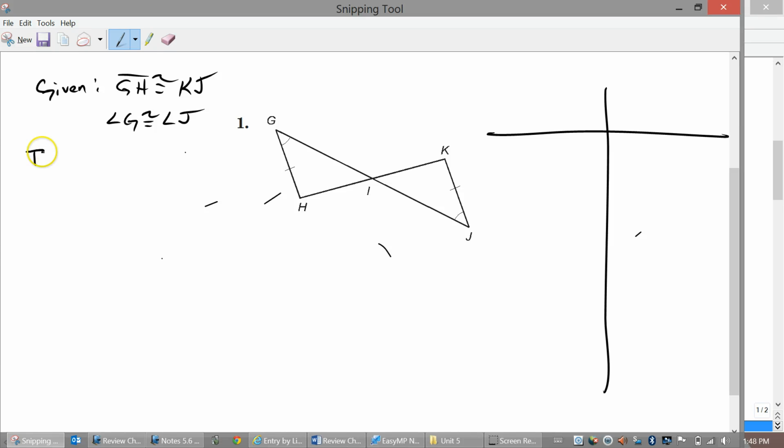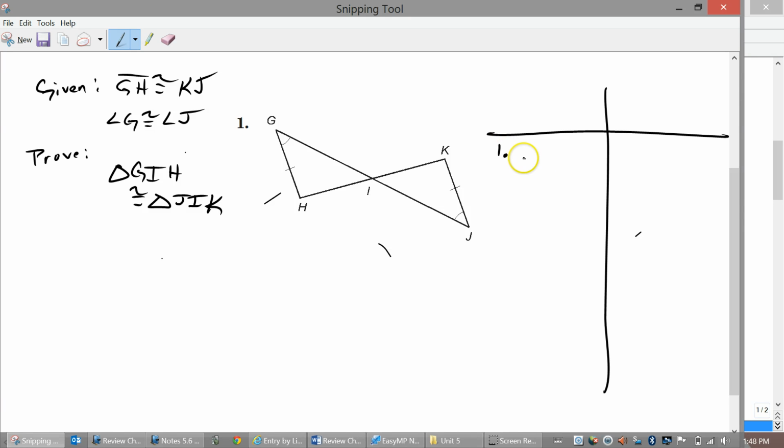And I'm going to ask you to prove that triangle GIH is congruent to triangle, we said G first, JIK. That's the result. You guys already did that, and you said that we're congruent by, what do we say, AAS, right? We went through that process. We're just going to tidy it up a little bit.